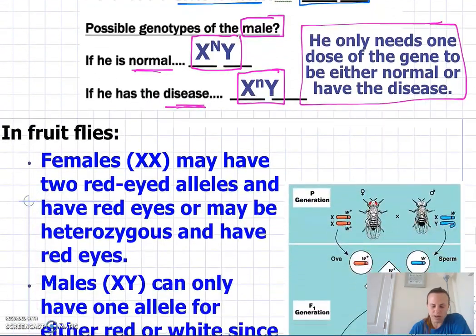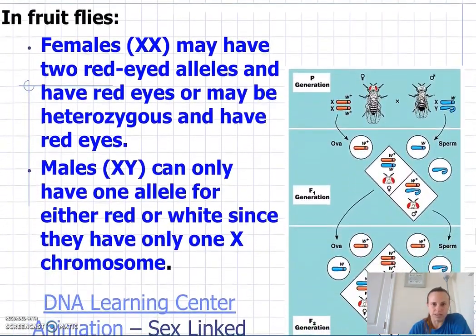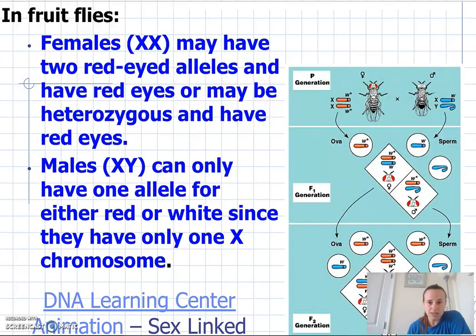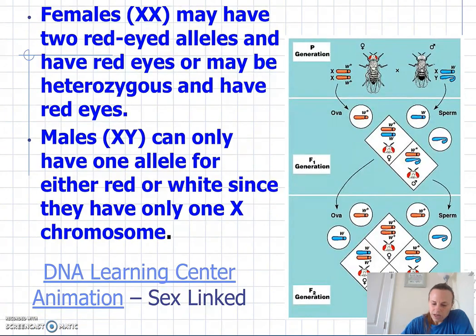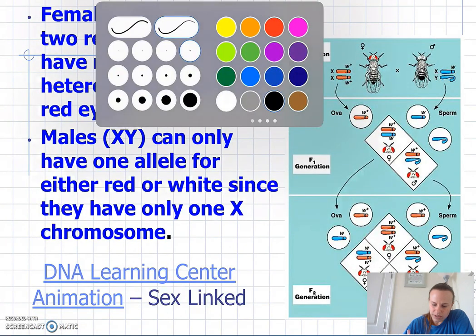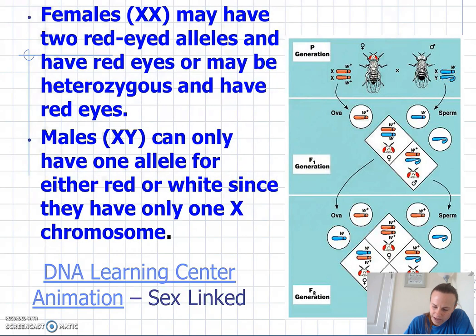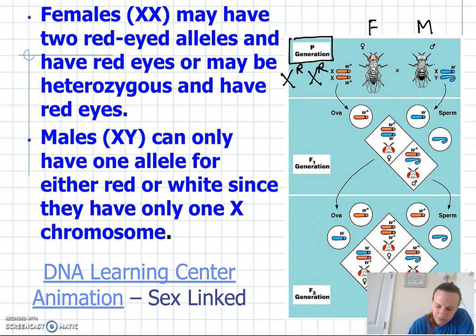So let's explore what Thomas Hunt Morgan did with his fruit flies. Let's use our nomenclature over the nomenclature that's here. If we have female and male flies, and we have a P generation of true breeding red and true breeding white, I'm going to use the nomenclature X capital R, X capital R for the female.